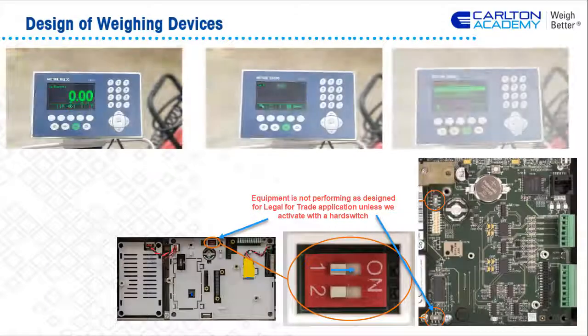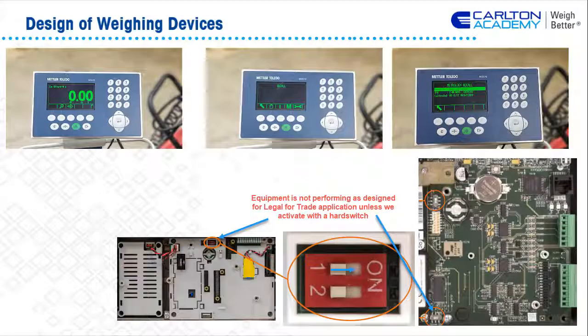Design of weighing devices. This code is inherently meant for the manufacturers of the devices. However, as competent technicians, it is our duty to set the scale or device up in a legal for trade manner.